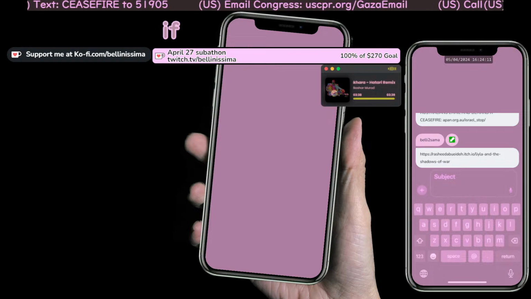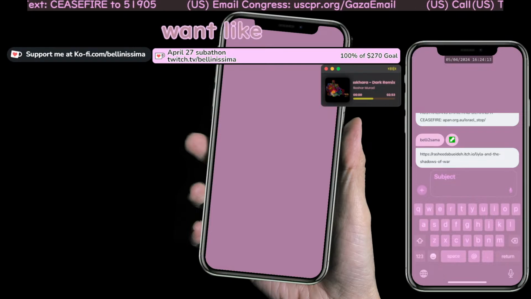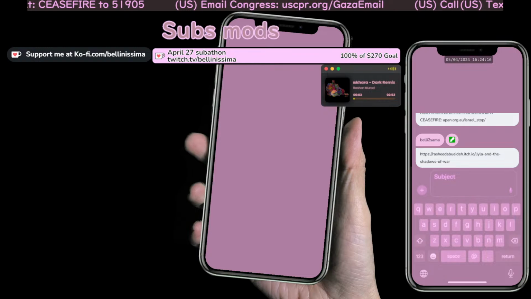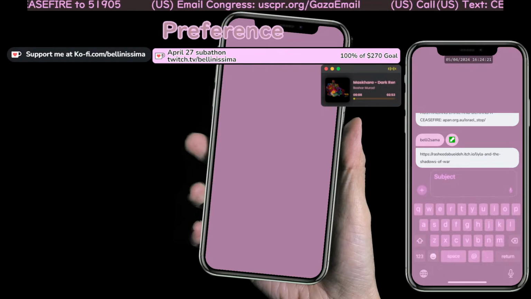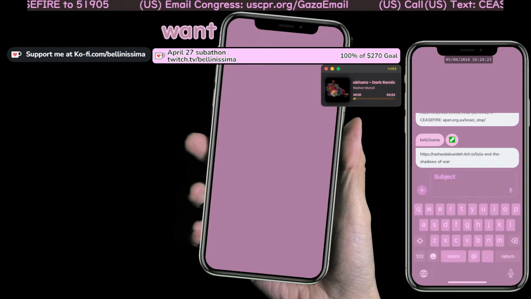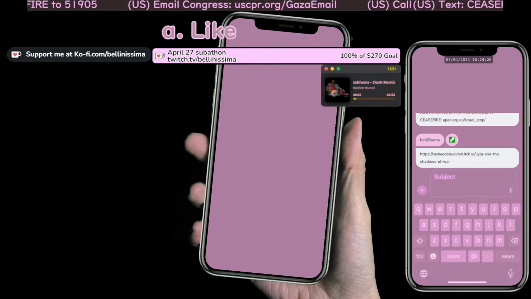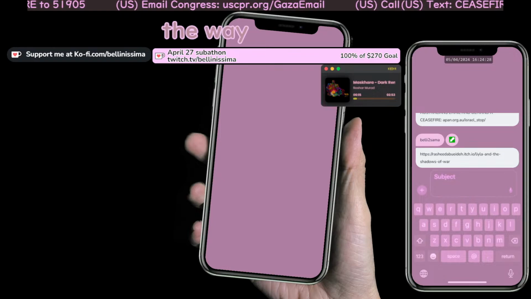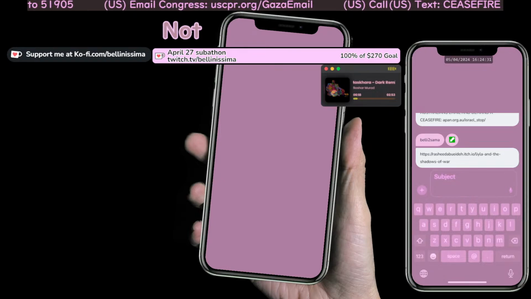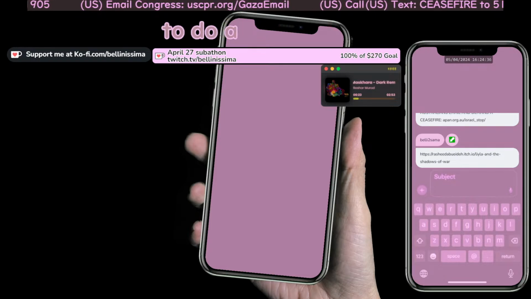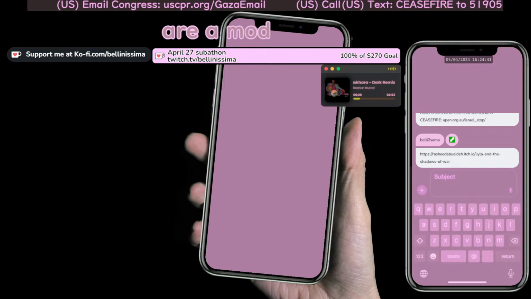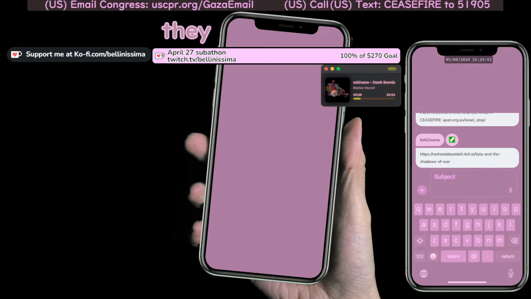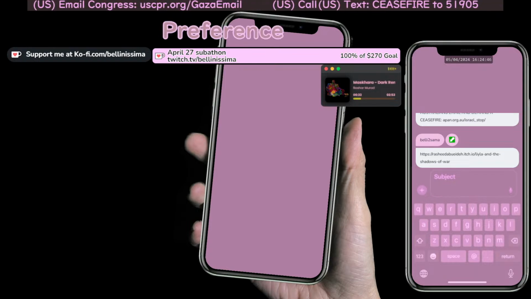If you want subs, mods, and VIPs, I will give preference if they want an illustration from me, which by the way, I am not an artist. Not an artiste. So if anybody wants me to do a doodle for them, if they are a mod or VIP, they get preference. I still need to figure out how I'm going to do that.